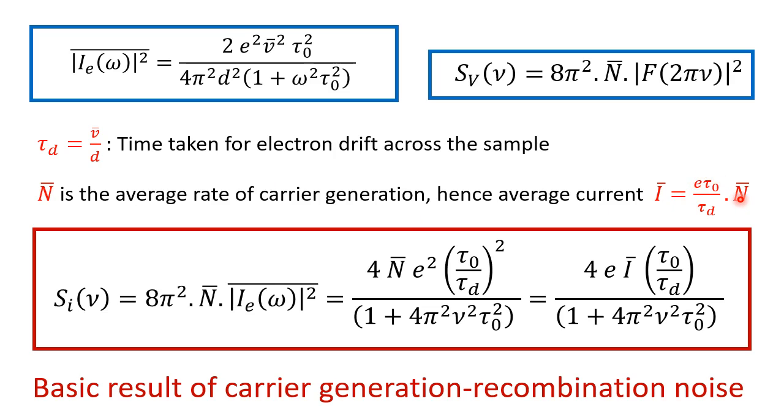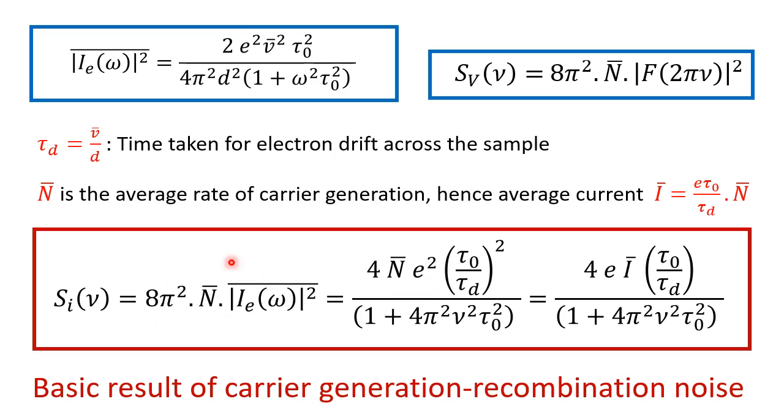So n bar is the rate at which carriers are being generated. E is giving me the charge that would have given me a current, but you see that not all of them contribute. It is the fraction tau naught by tau d that contributes to the average current.